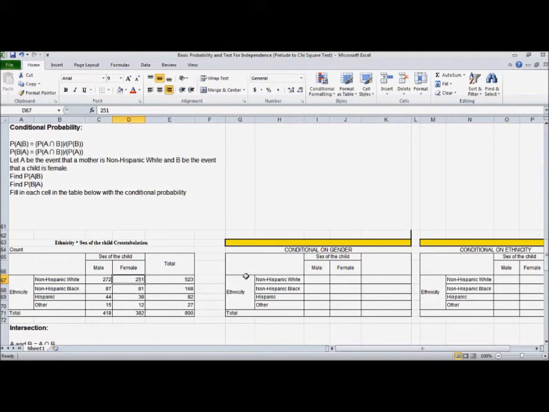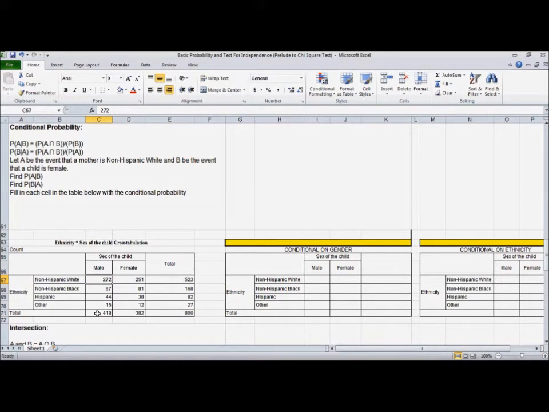So let's say we wanted to find out probabilities conditional on gender. So given male or given female. So what's the probability of non-Hispanic white given male? So once you hear given male, I know that I need to pay attention only to this column. I don't pay attention to anything else. So what's the probability of non-Hispanic white given that the child is male?